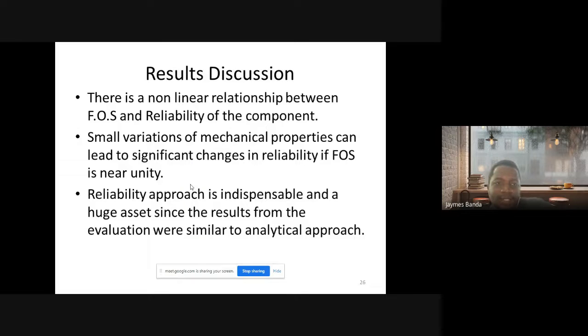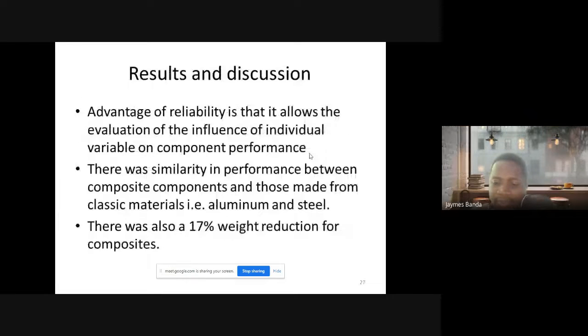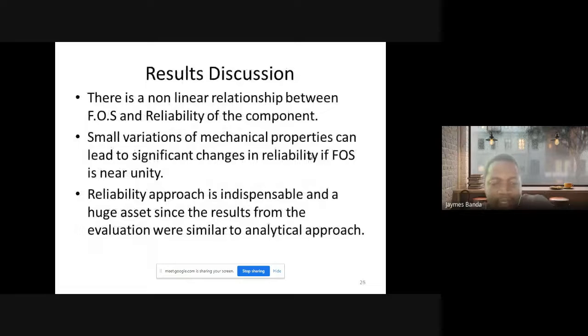Now, in terms of results, a nonlinear relationship was shown between the factor of safety and the reliability of the component. Small variations of mechanical properties can lead to significant changes in reliability if the factor of safety is near unity. Therefore, the reliability approach becomes indispensable and is a huge asset since the results from the evaluation are similar to analytical approaches.